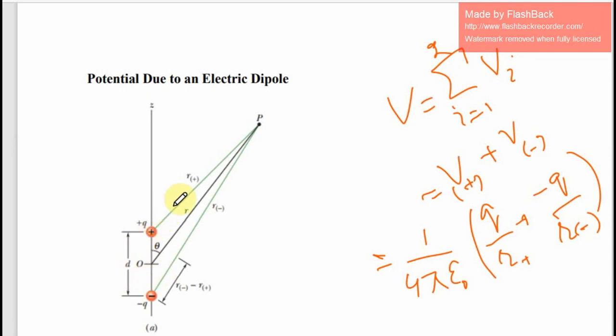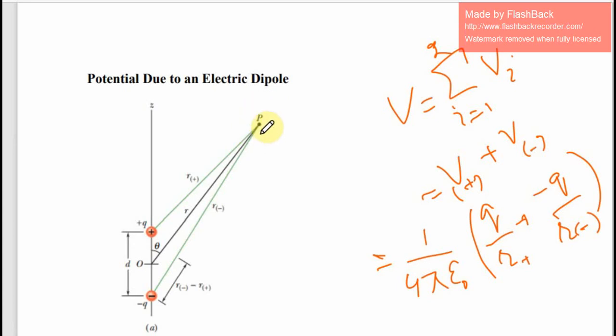What do I have to do? First we have to choose a point where I want to calculate the electric potential due to these charges. I choose the point P over here. Why do we choose the point at this place?